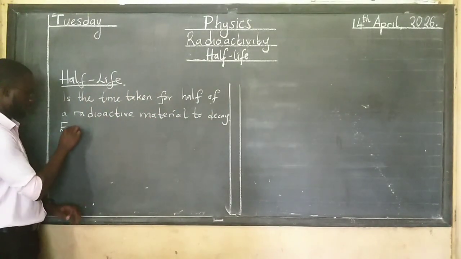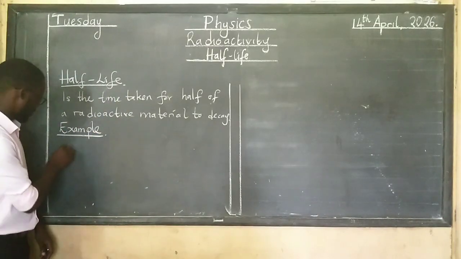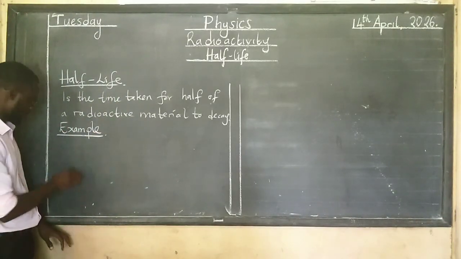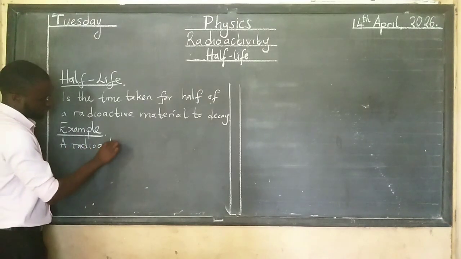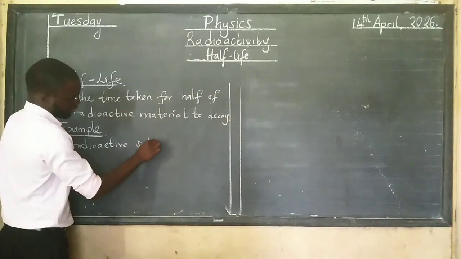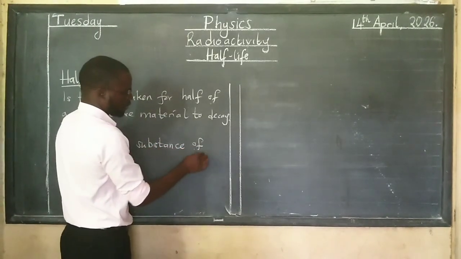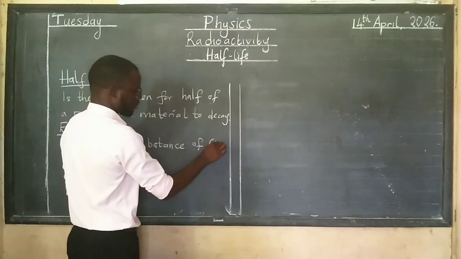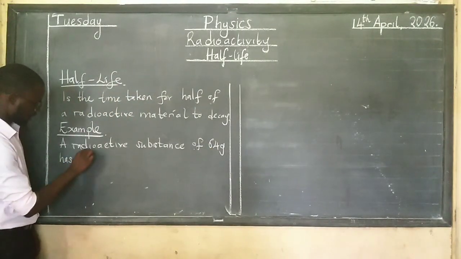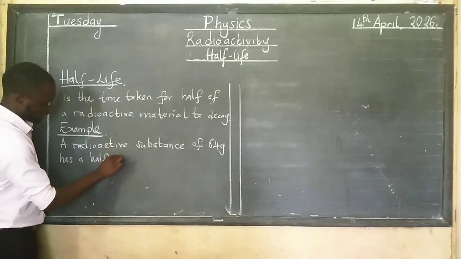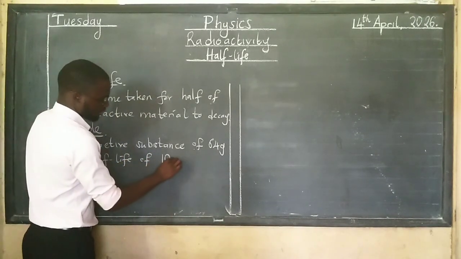Example. So it will be like this. Let's say a radioactive substance of, for example, 64 grams has a half-life of, let's say, 10 minutes.